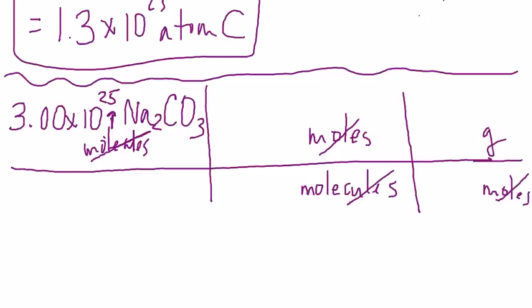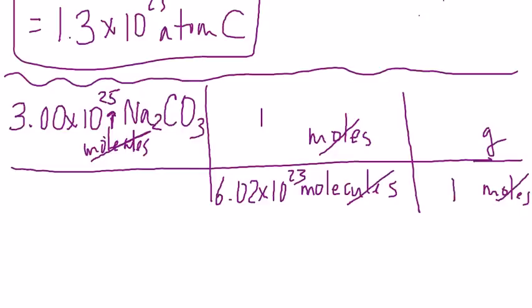So if we have 3 times 10 to the 25th molecules of sodium carbonate, how much does it weigh in grams? We convert first to moles. In 1 mole, we have 6.02 times 10 to the 23rd molecules. And then we have to ask, what is the grams per mole of sodium carbonate?